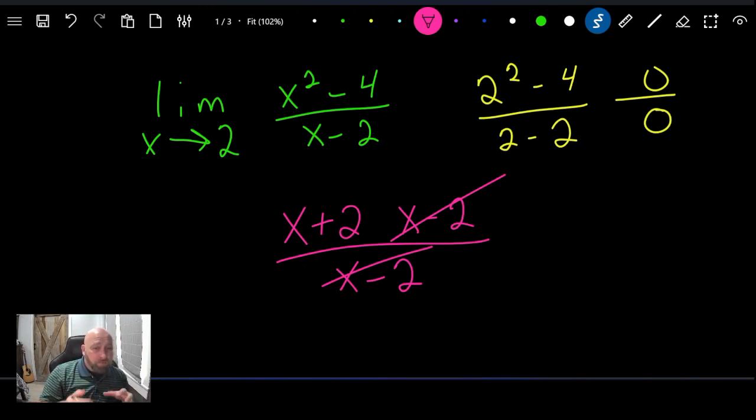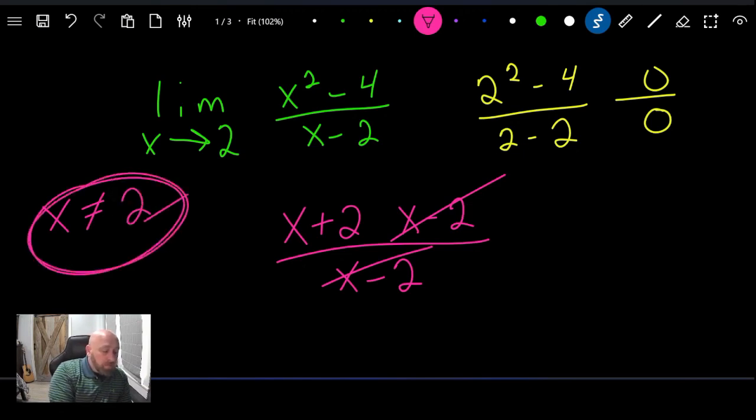You've done this before. So this shouldn't be like, what is he doing right now? We've done this, and when we did this, if you remember, we had to write that x cannot equal 2. That's the number, the very limit that we're trying to find, that makes this go undefined.